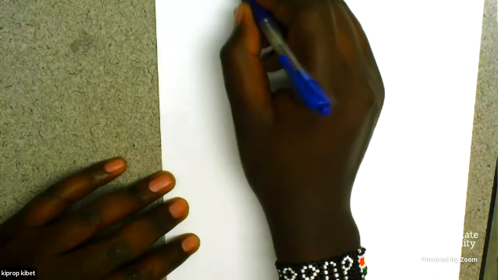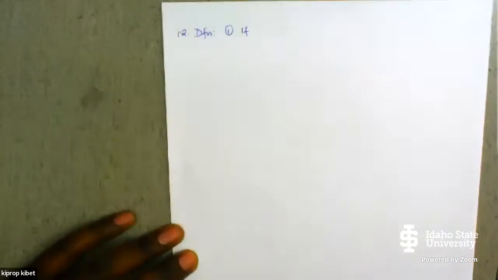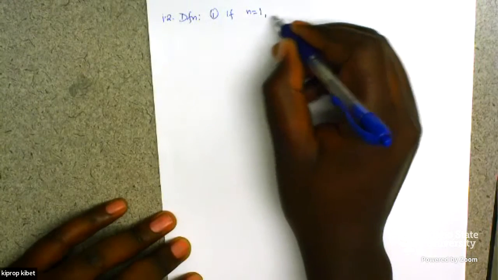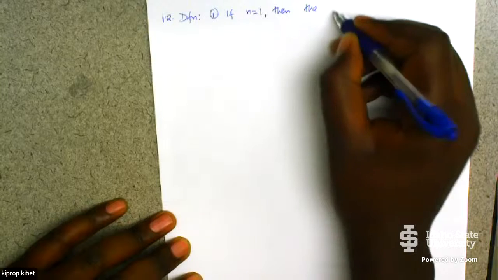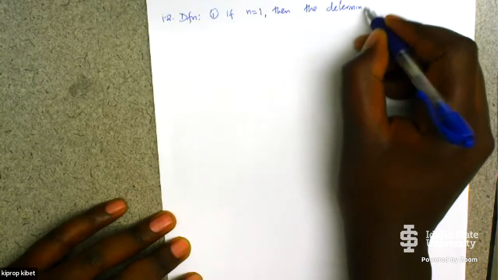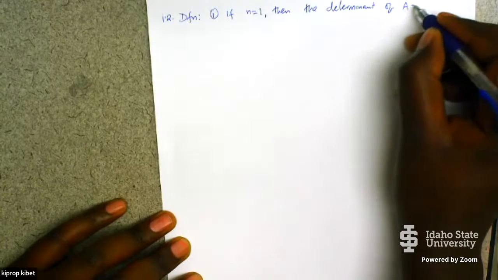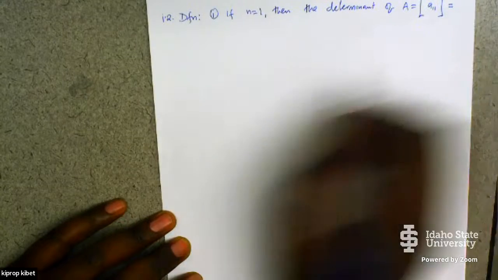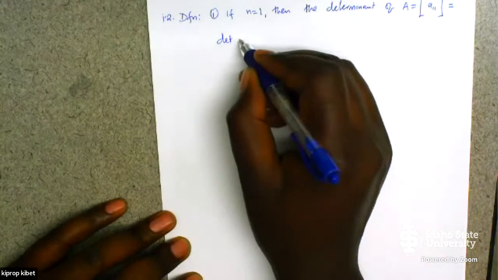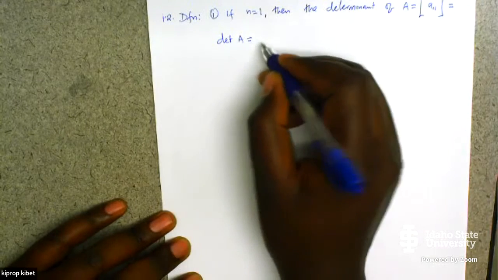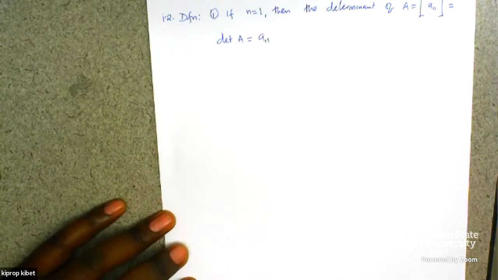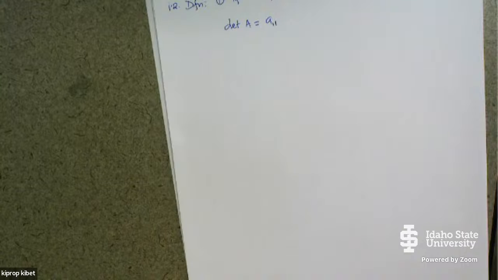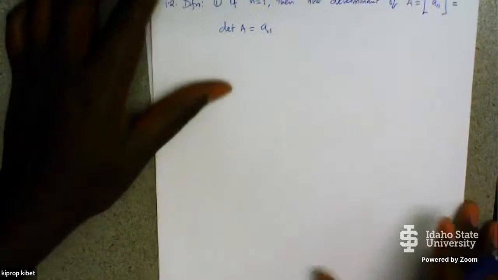Number 1, if n equals 1, then the determinant of A, which is A11, is just A11. If we only have one entry, then the determinant will just be that entry.